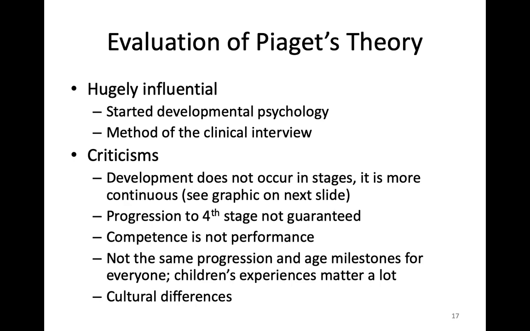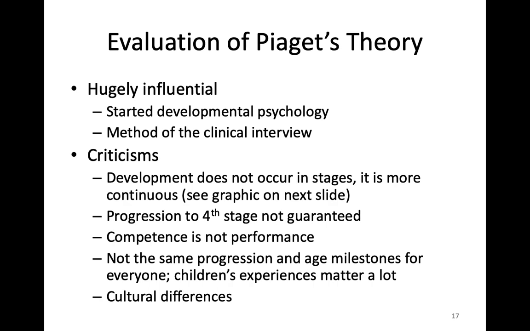So the assumption is that if the child doesn't reach for it, they must not think it exists, and therefore they have not developed object permanence. But maybe they do, and they're just not reaching for it. So that's part of the critique, and that's the same critique that can be applied to many of the tasks that he had children do, is that he's measuring performance. It's not the exact same thing as just whether a child is competent or has the ability.